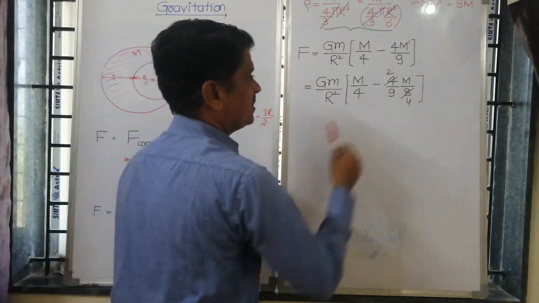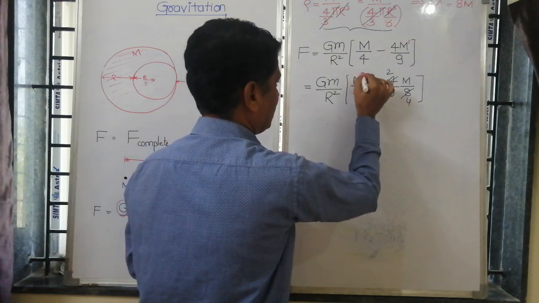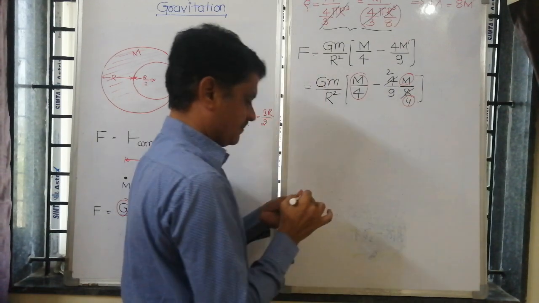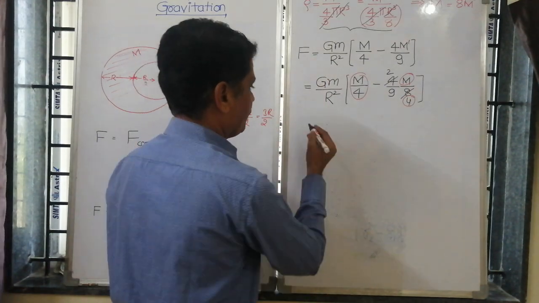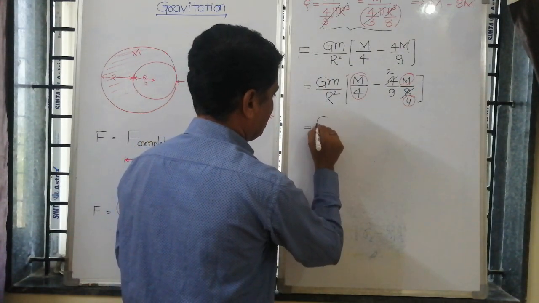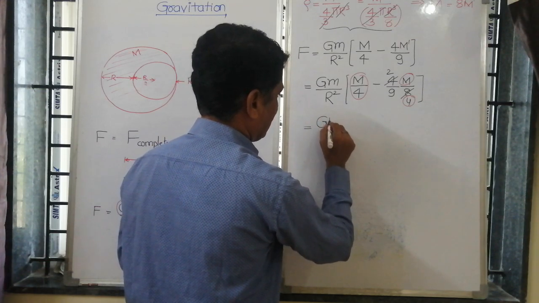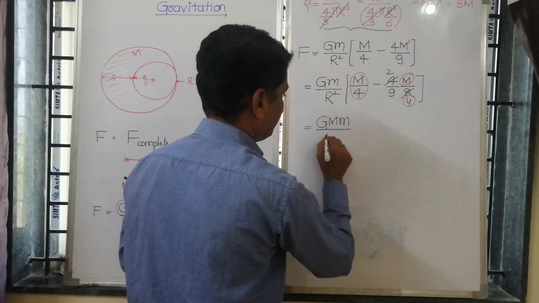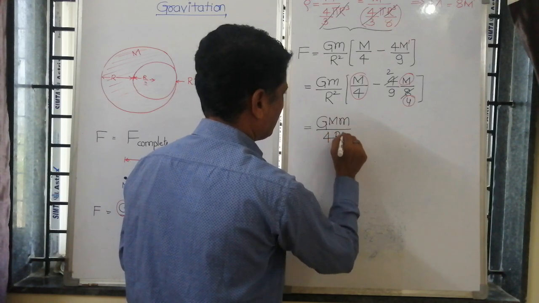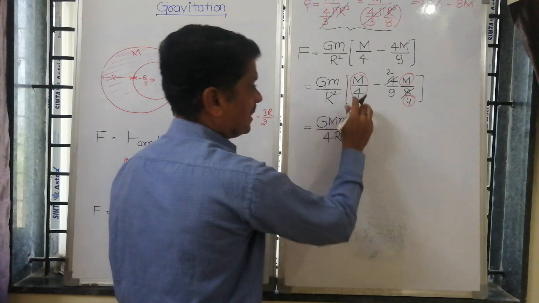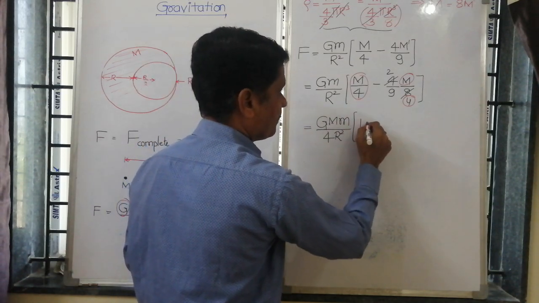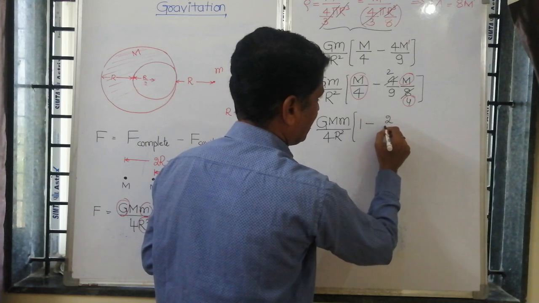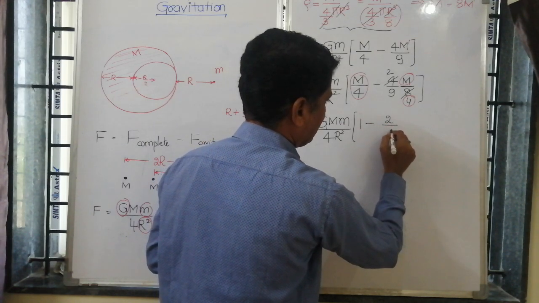Now in these two terms, M by 4 I can take common. Then capital G, capital M, small m by 4 r square. Then what is left here? 1 minus, in the numerator it is 2, in the denominator it is 9.